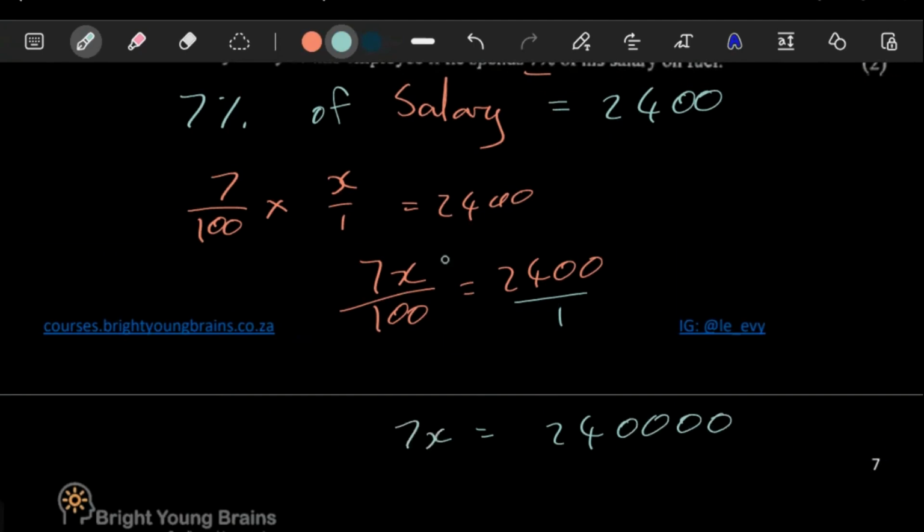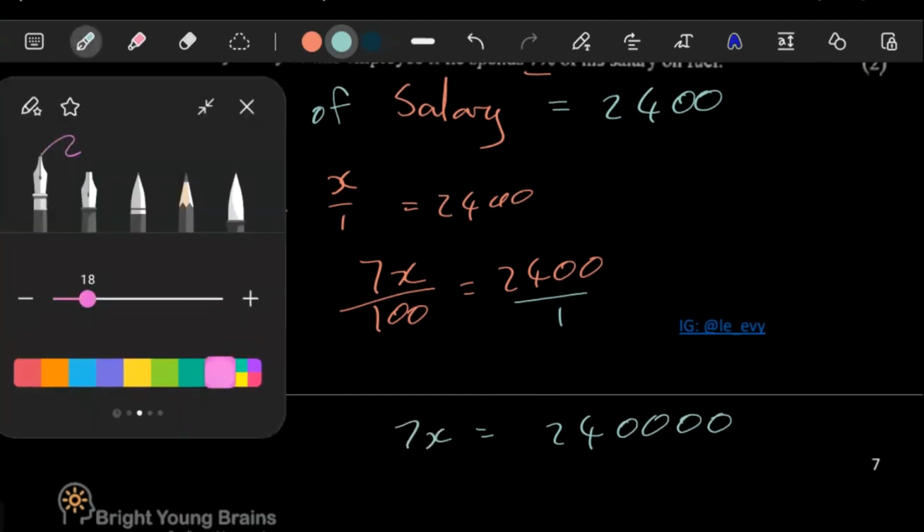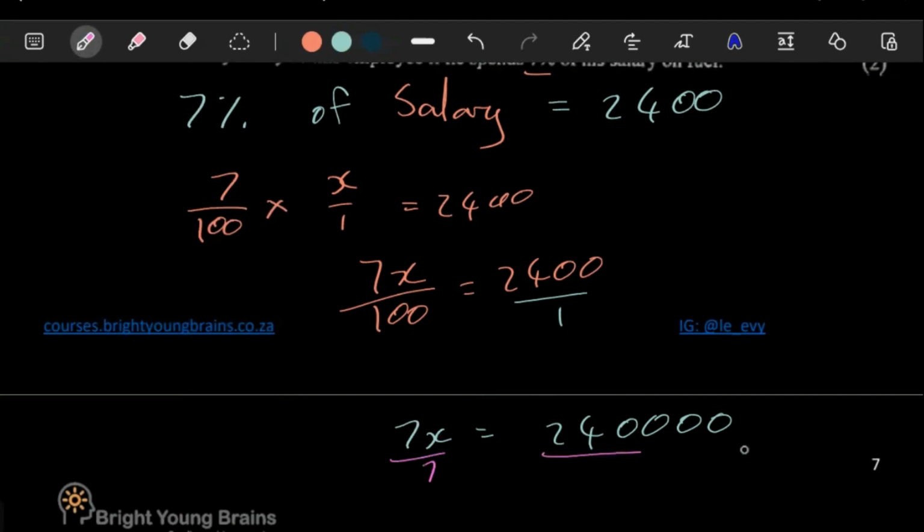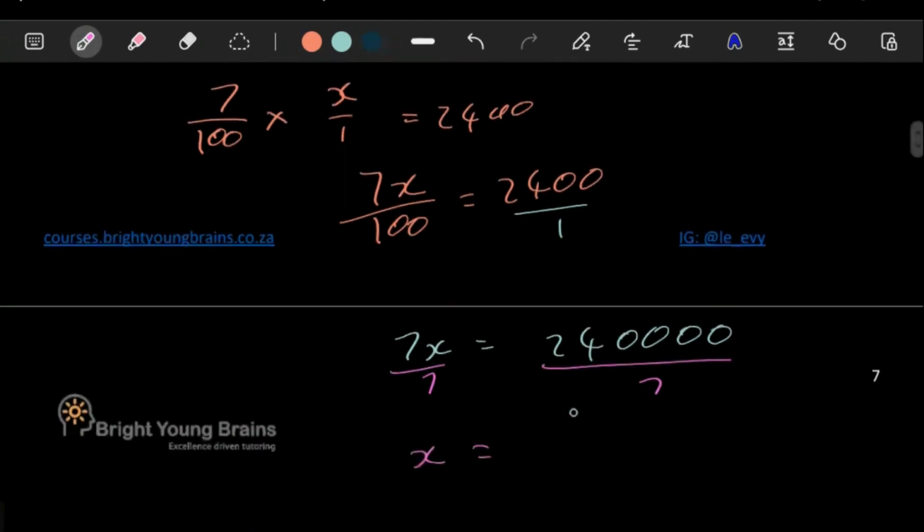This is 7x. Divide by 7 on both sides. 240,000 divided by 7 is going to give us an amount of 34,285.71.